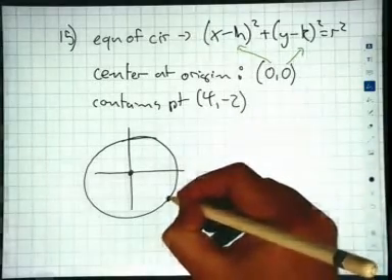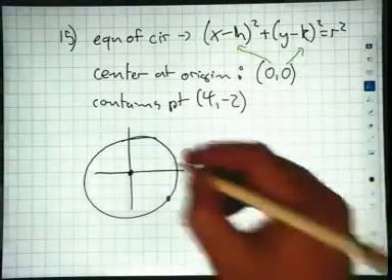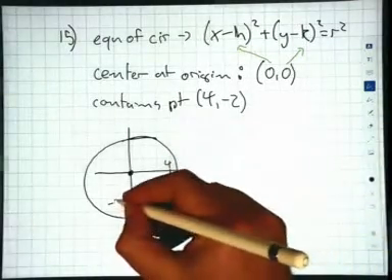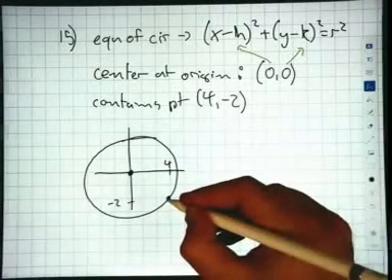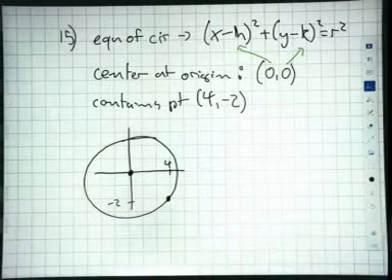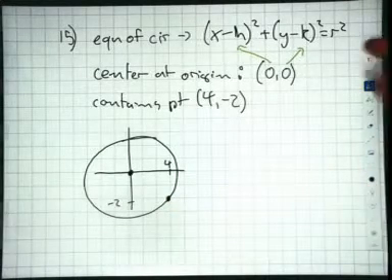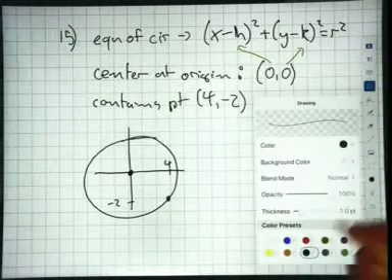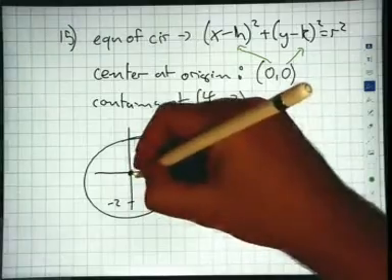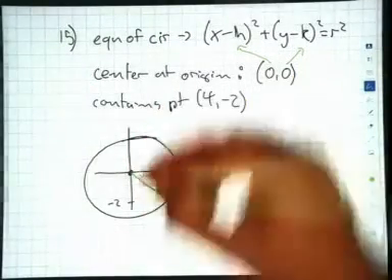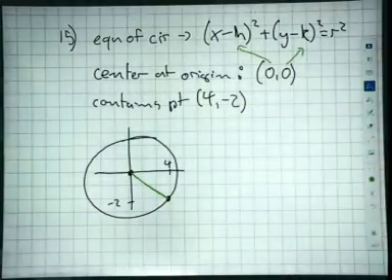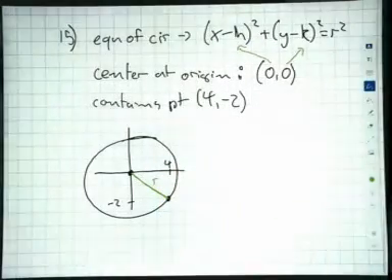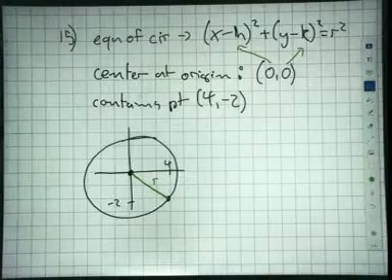I'm just going to pretend that that's the point right there, 4, -2. Now, we're looking for the radius, right? That's the missing bit of the circle. Well, the radius is that line segment, right? This is the radius. Man, I wish I knew what that length was.